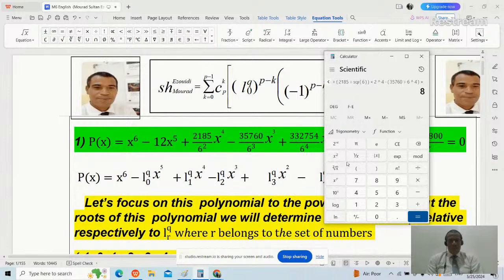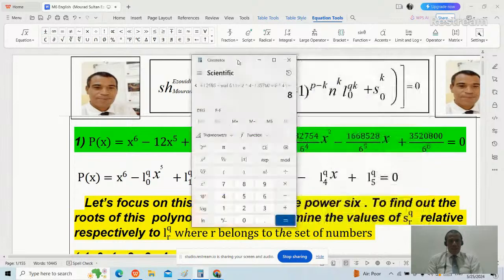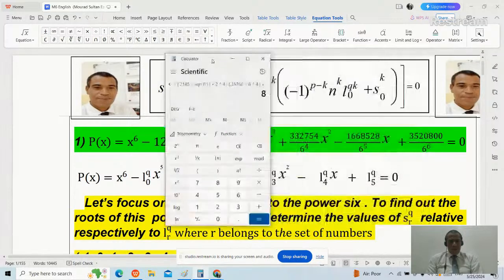Plus, between parentheses, of course, 332754 divided by 6 raised to the power 4, close this parenthesis, times the square of 2, which is 4.